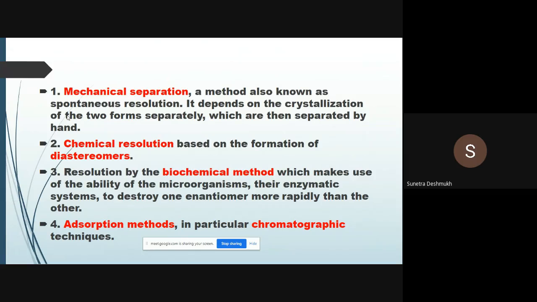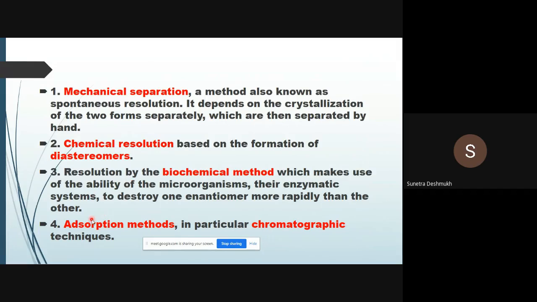So first, we have seen mechanical separation. Second is the chemical resolution method via formation of diastereomers. Third is the biochemical method, in which we use different microorganisms and their enzymatic systems to separate the enantiomers.